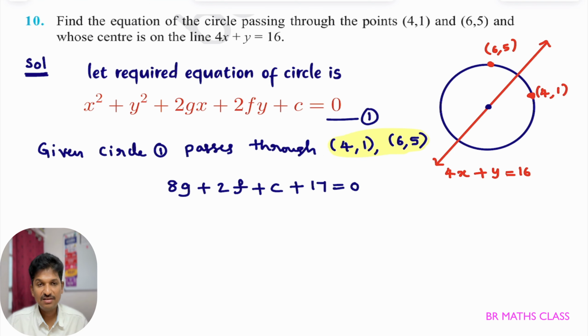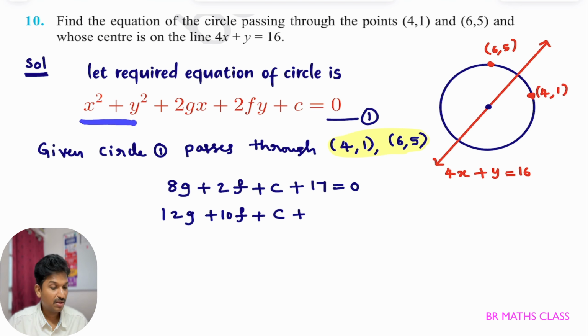So this will become 10f. Here c is there, no? Plus c. Plus, now x square plus y square, that means 36 plus 25. 36 plus 25 is 61. Equal to 0.